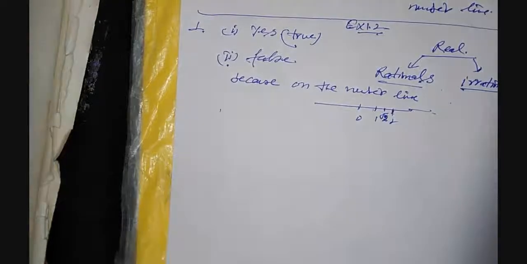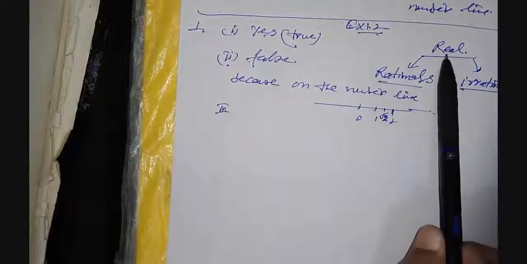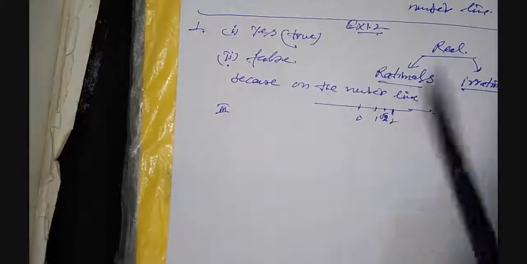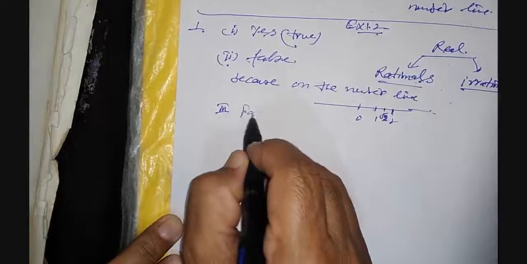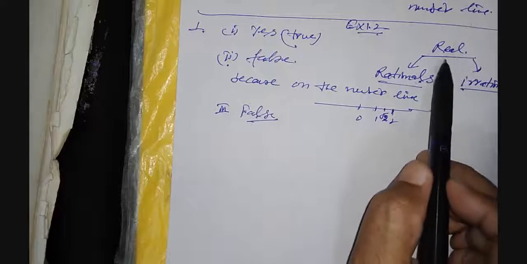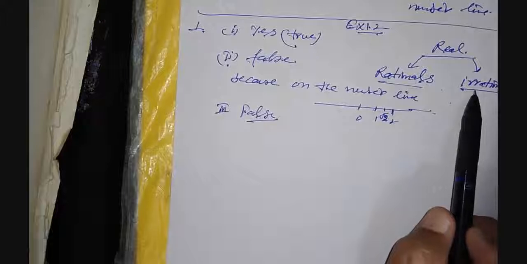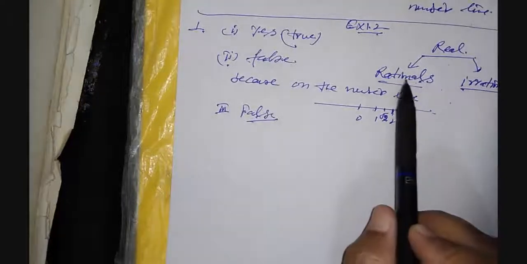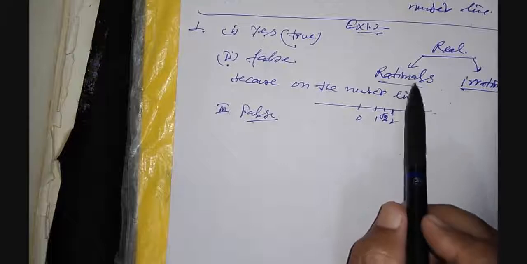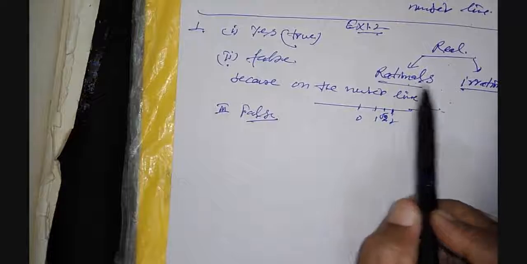Okay, now come to the third question. Every real number is an irrational number. That is not possible. Why? Because a real number is a combination of rational and irrational numbers, and in our definition I have clearly told you that irrational numbers are not rationals and rational numbers are not irrationals.